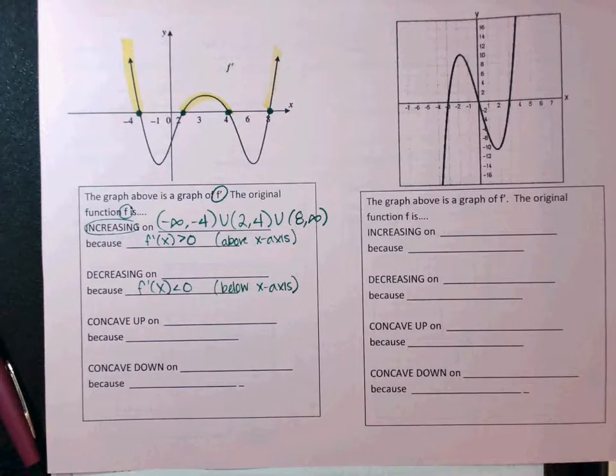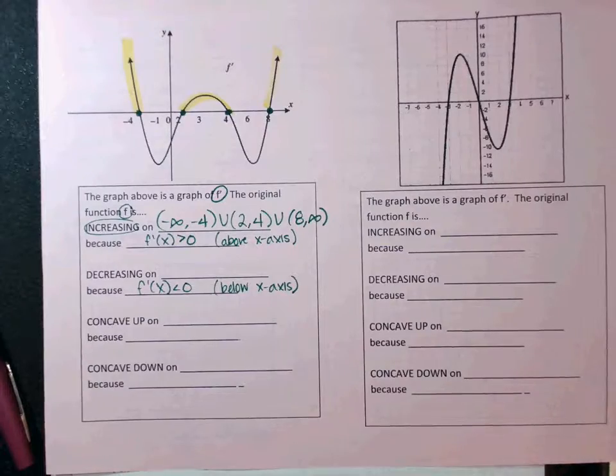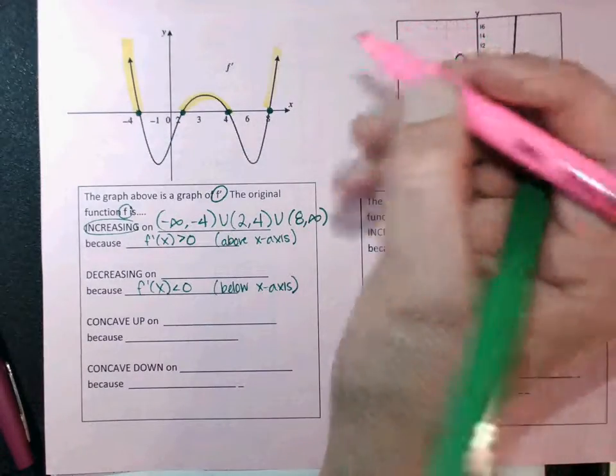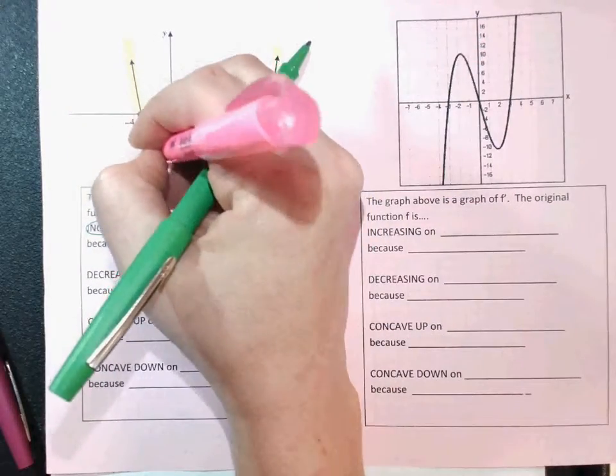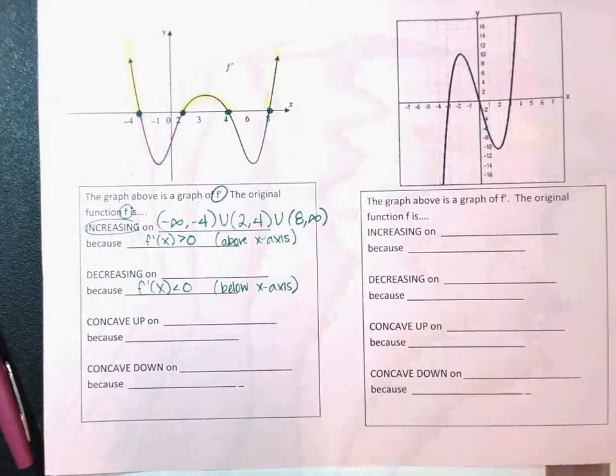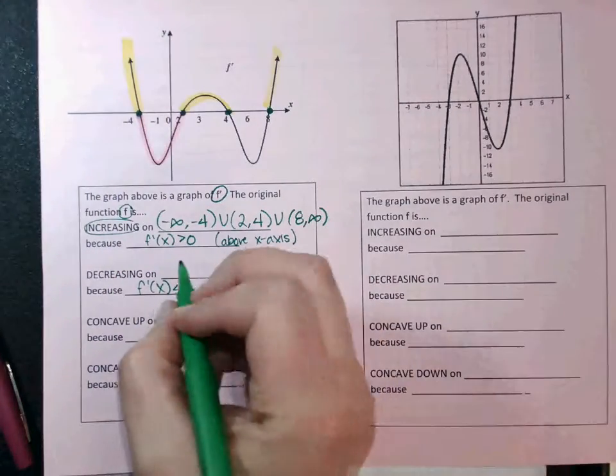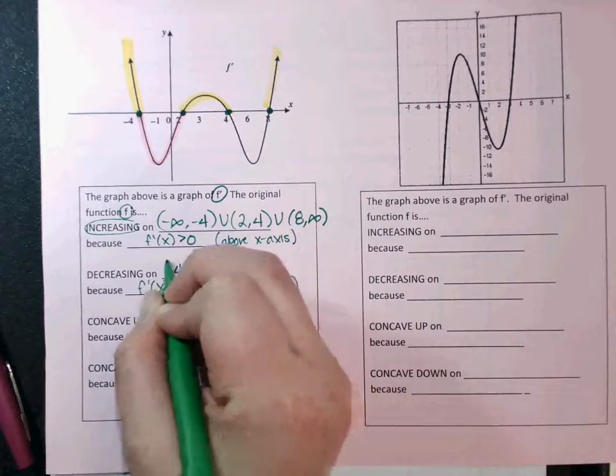Now, notice that we're not talking about this graph's slope. We're talking about whether it's positive or negative, which means above or below the x-axis. Knowing that those are my positive intervals, where would f prime's negative intervals be? On the bottom. From where to where? From negative 4 to negative 2, union.